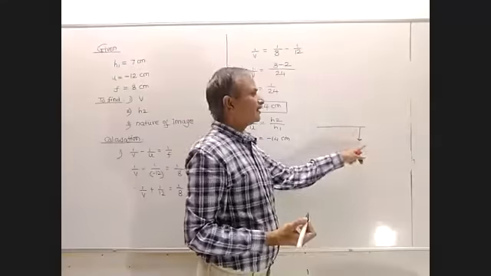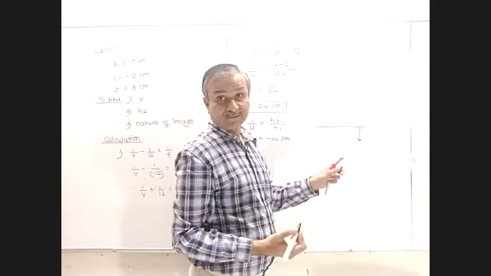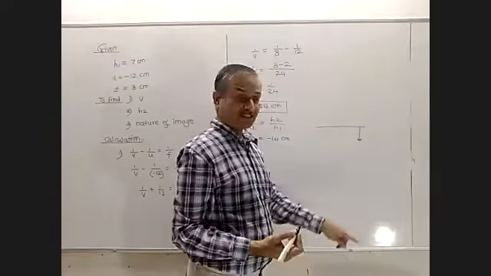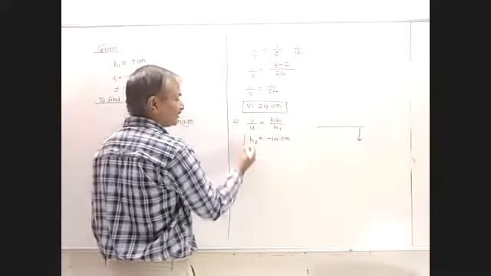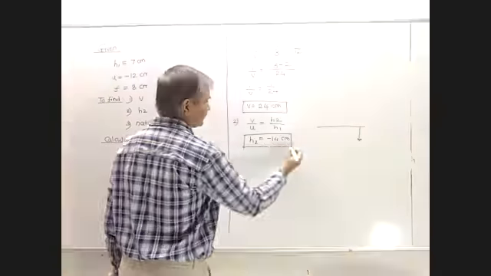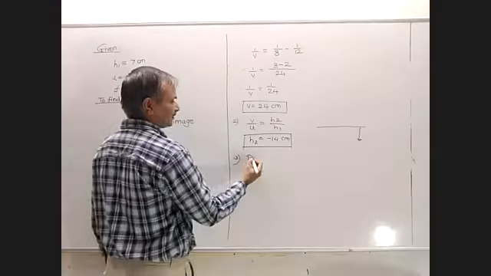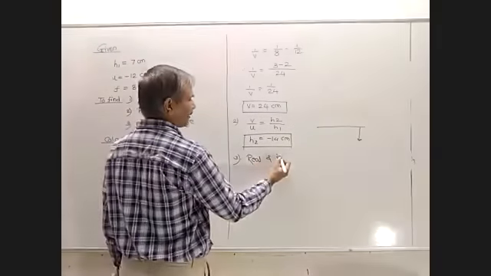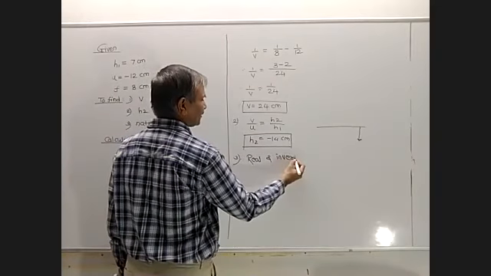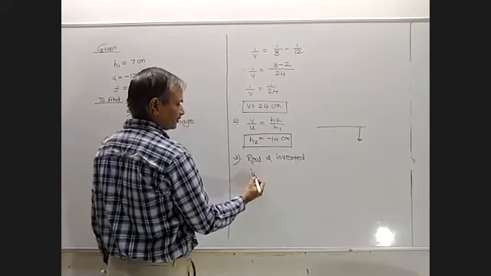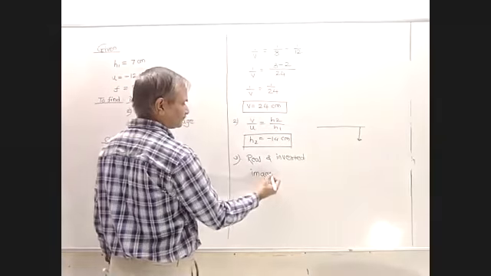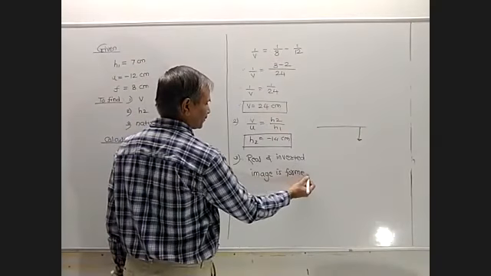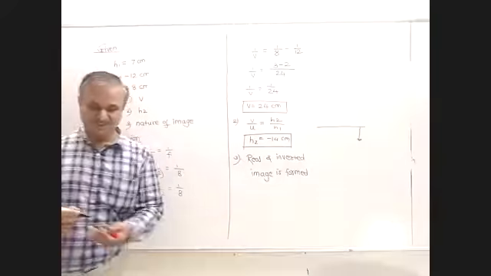And you know, any inverted image is always real. A virtual image is never inverted. So if h2 is negative, the nature of the image is real and inverted. Therefore, a real and inverted image is formed.